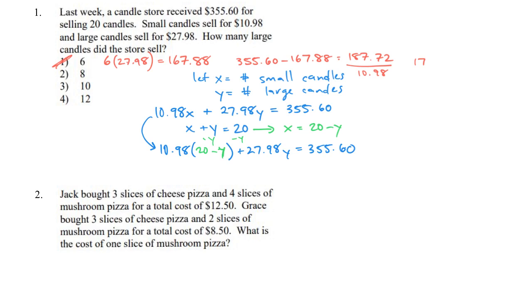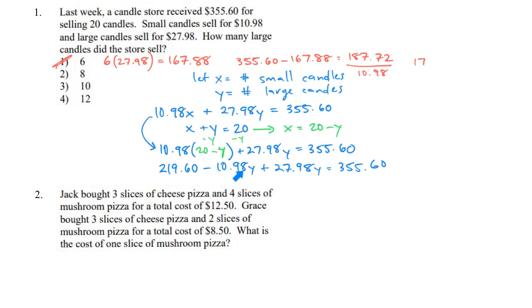So now I'm just going to solve this like any other equation. I'm going to distribute this out. 10.98 times 20 is 219.60 minus 10.98y plus 27.98y equals 355.60. Combine like terms on the left-hand side.